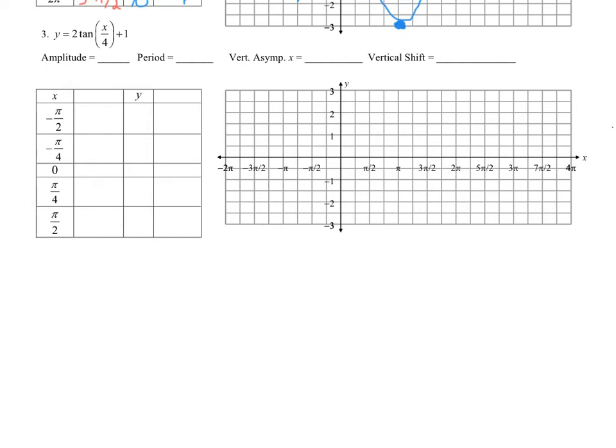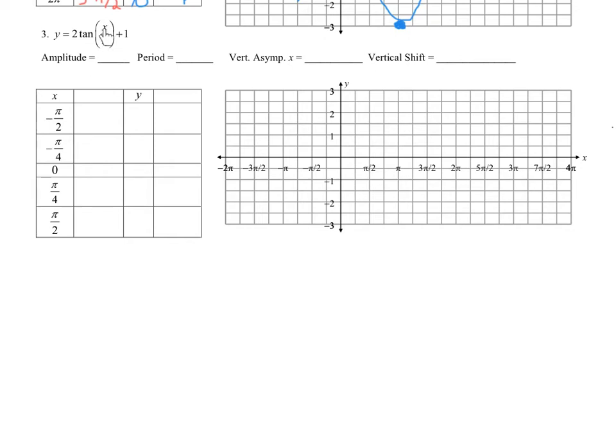All right, once again, I always want to look up here at my equation to see what transformations I have going on. And so I can see that inside here, I do have a transformation to the tangent function for the angle measurements. And so this says x over 4.